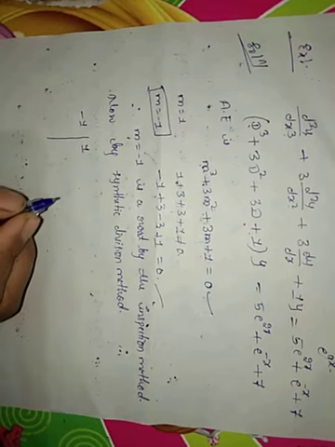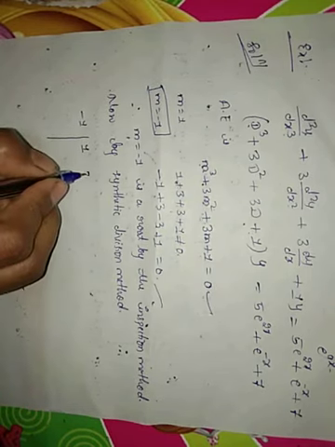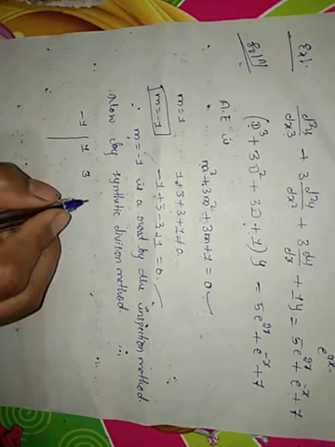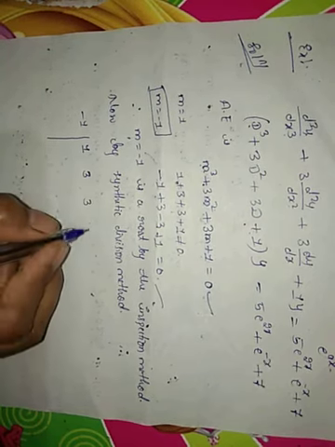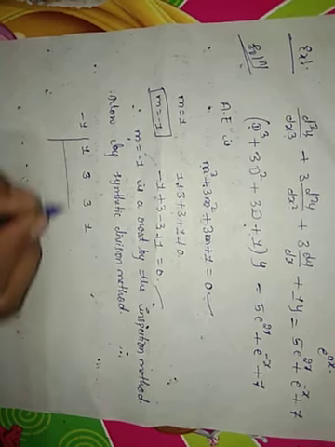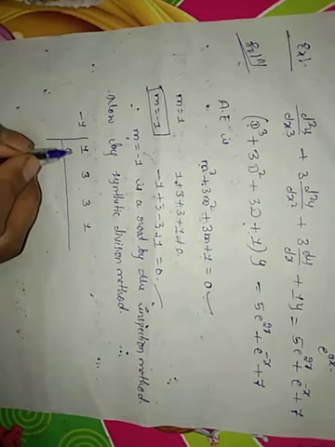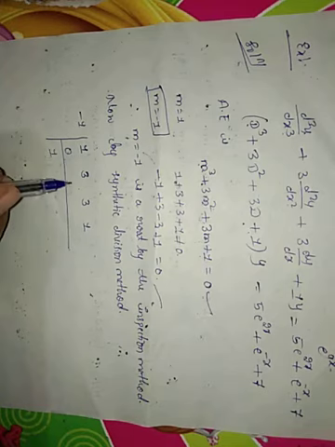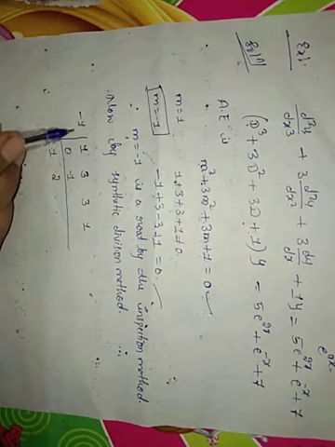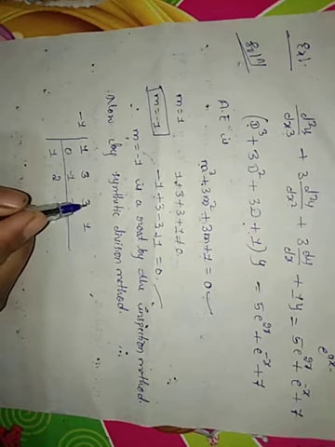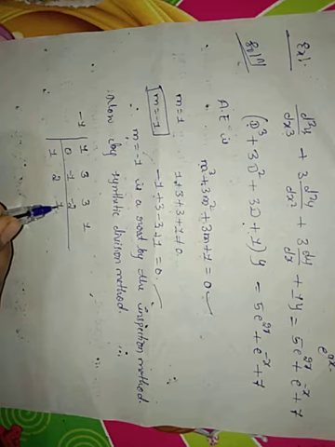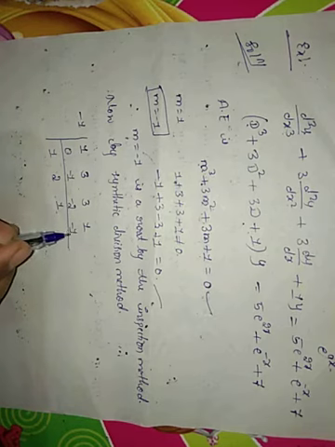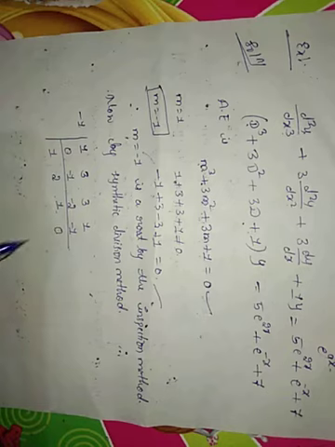Coefficient of m cube is 1, of m square is 3, of m is 3, and the constant is 1. Start with 0. 1 plus 0 is 1. 1 into minus 1 is minus 1. 3 minus 1 is 2. 2 into minus 1 is minus 2. 3 minus 2 is 1. 1 into minus 1 is minus 1. 1 minus 1 is 0.